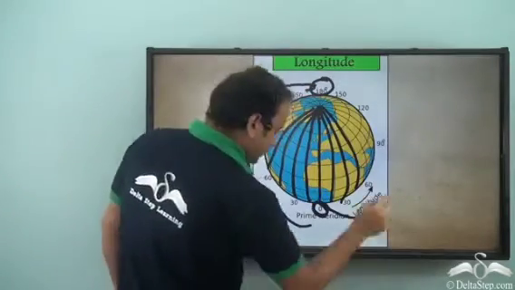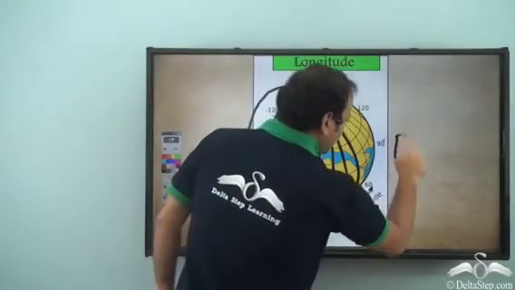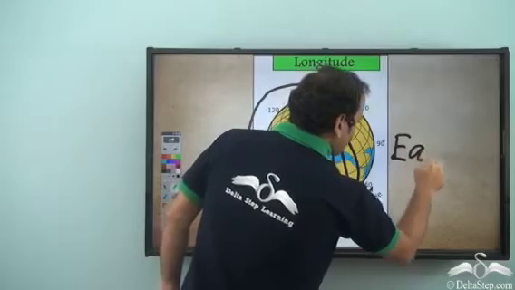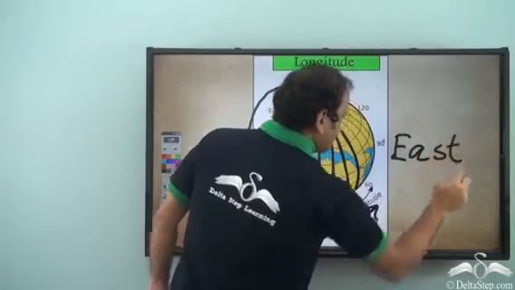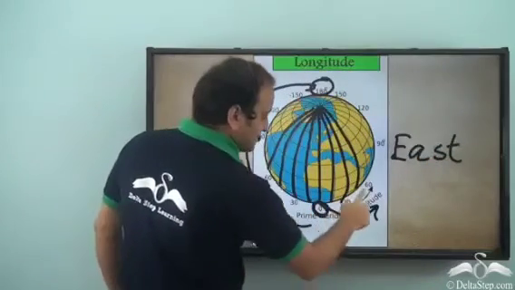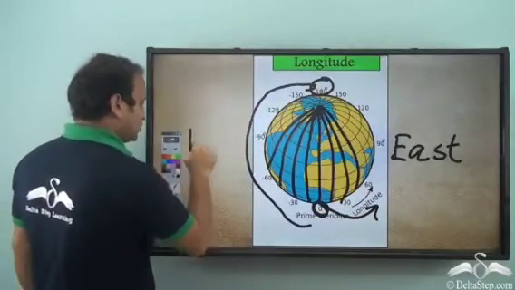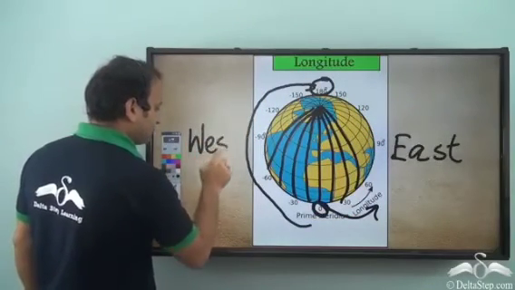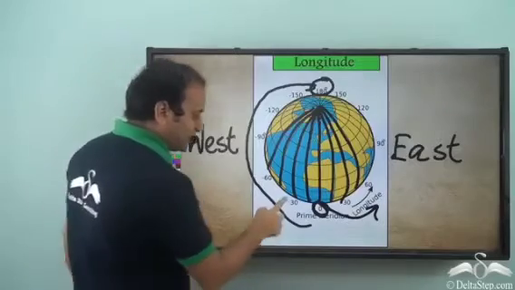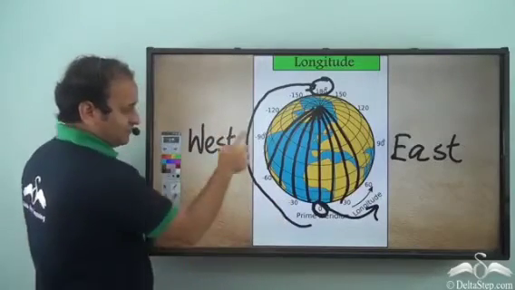So you see, on the eastern hemisphere you have the degrees mentioned in positive numbers, and in the western you have the degrees mentioned in negative numbers.